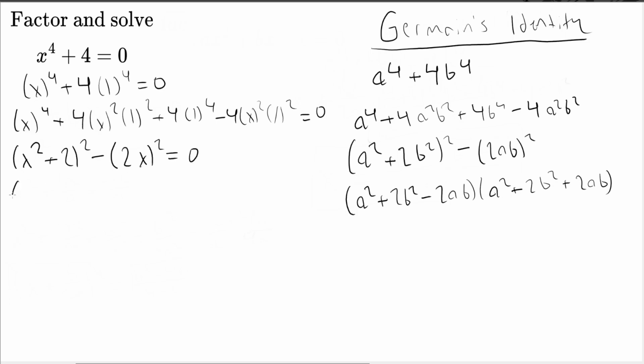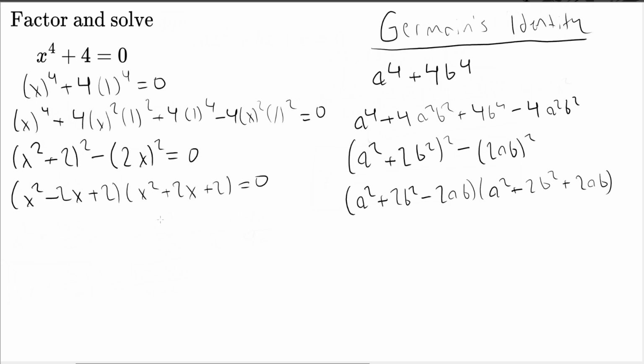So now we can finally factor this using difference of squares. So we have x squared minus 2x plus 2 times x squared plus 2x plus 2 equals 0.